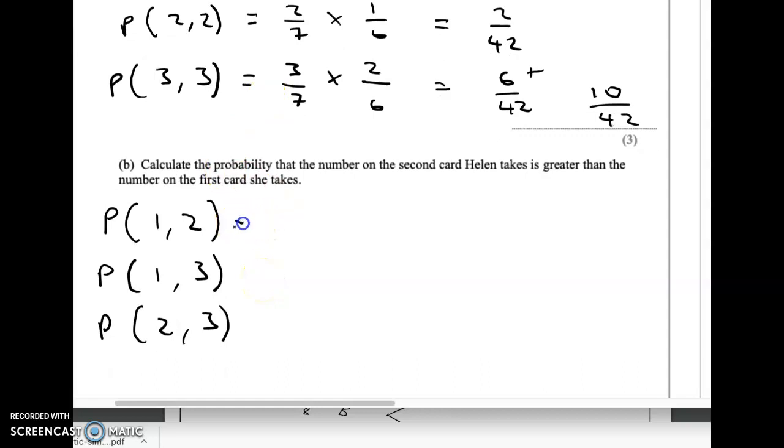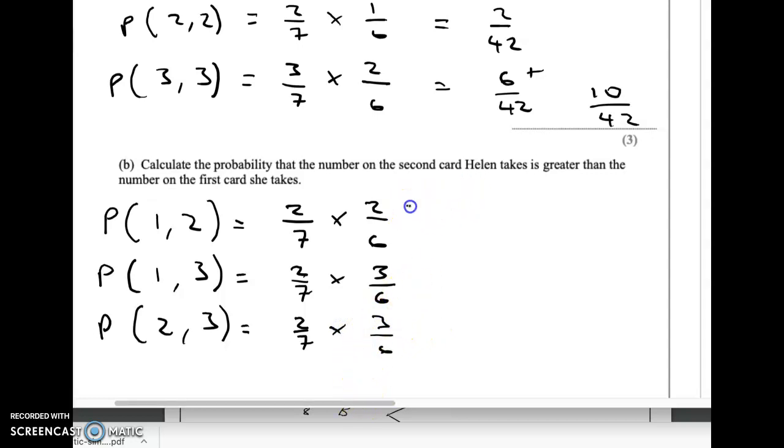So 1 then 2 equals, so it's going to be 2 over 7 times 2 over 6. This equals 2 over 7 times 3 over 6. And this equals 2 over 7 times 3 over 6. So this equals 4 over 42.